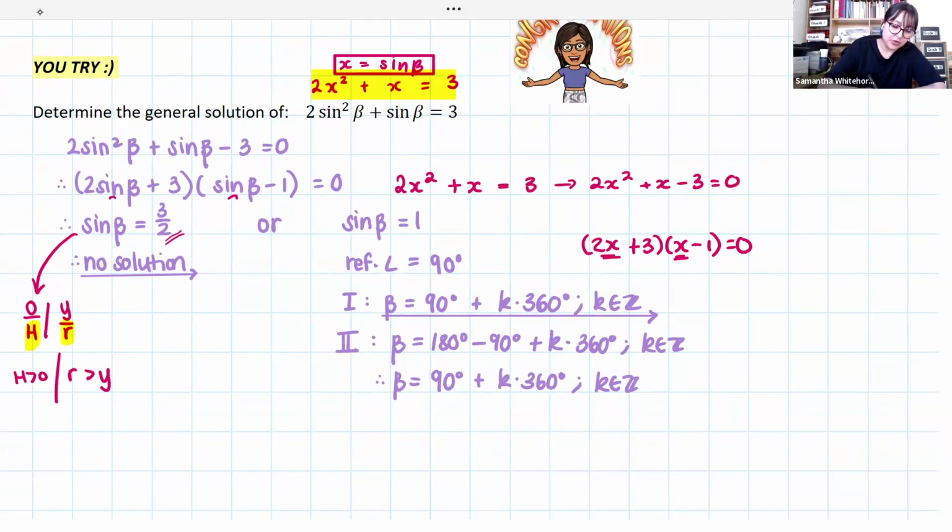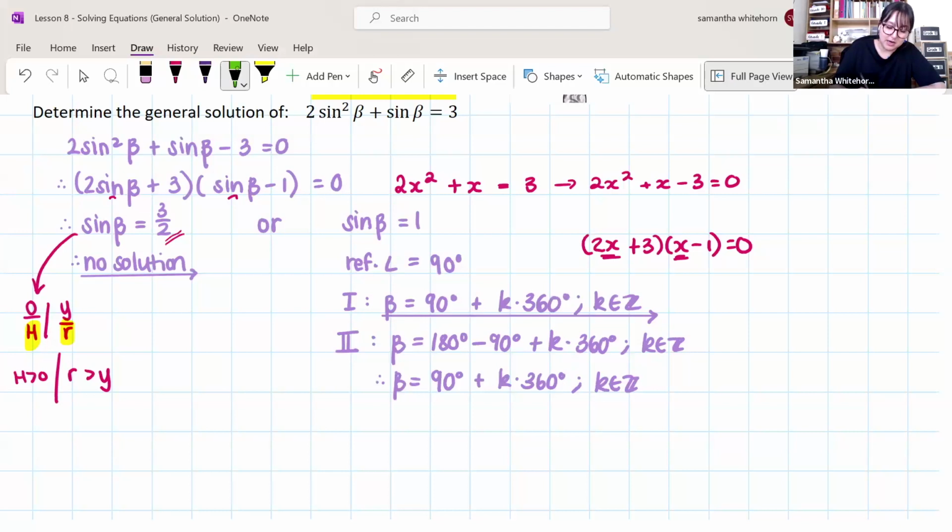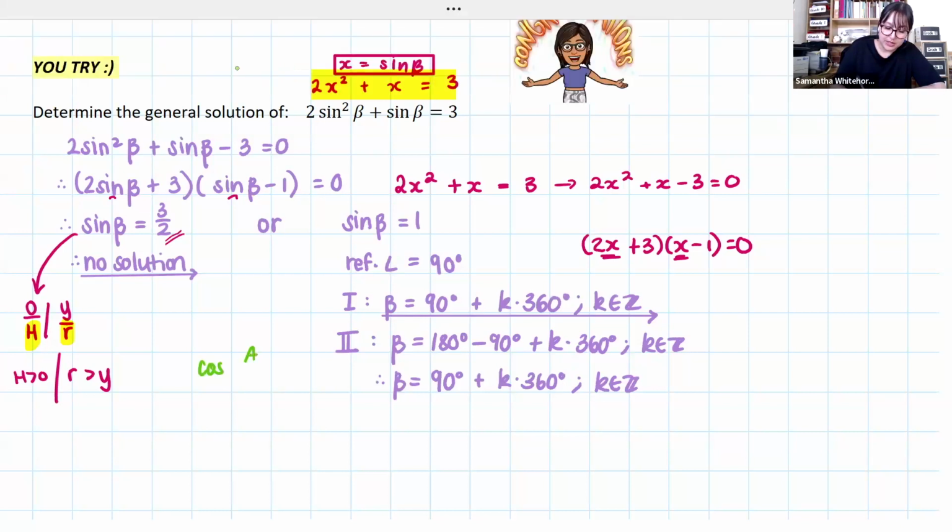So this is true for both cos and sine, because cos is adjacent over hypotenuse, or x over r. It's a similar thing. So for cos and sine, for a real solution, your ratio must fall between 1 and -1.